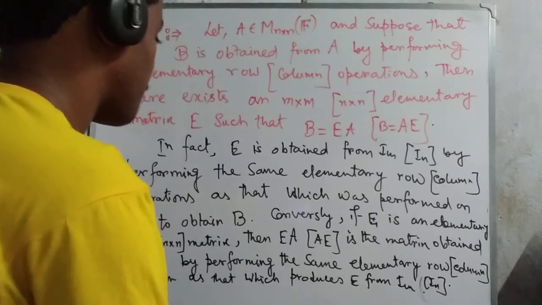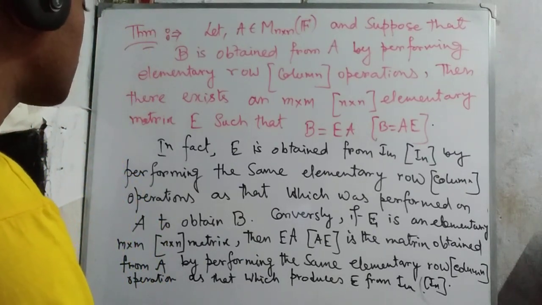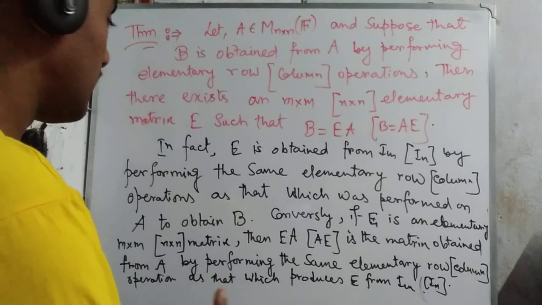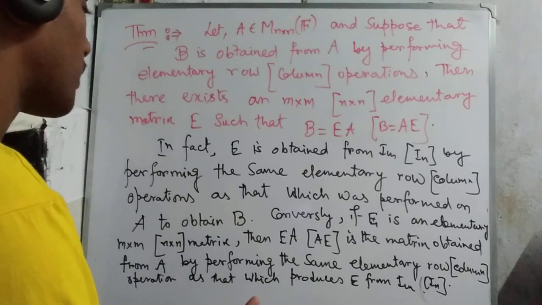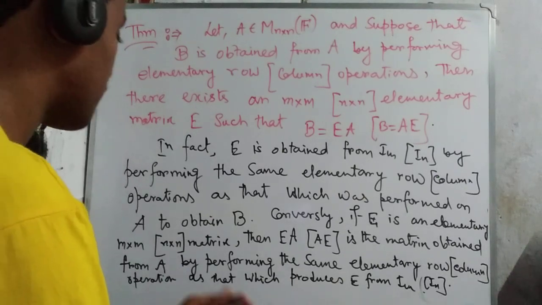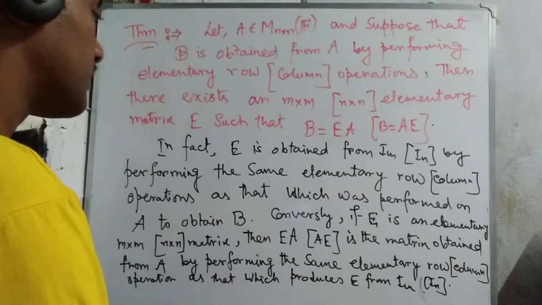That means this one is too easy. If E is an elementary matrix, then EA is the matrix obtained from A. How is EA obtained?